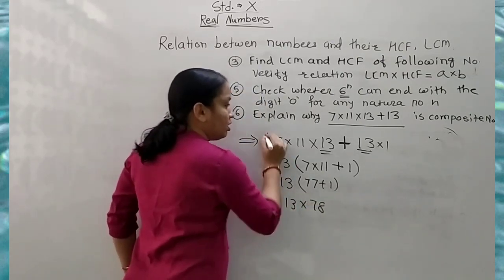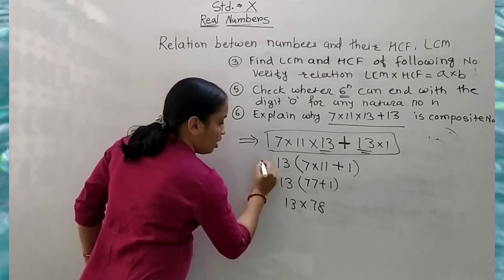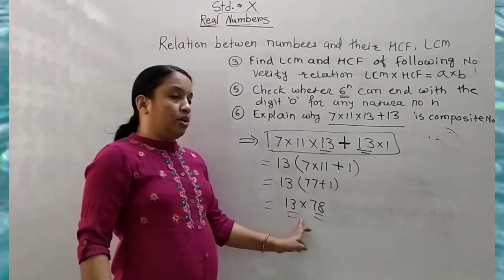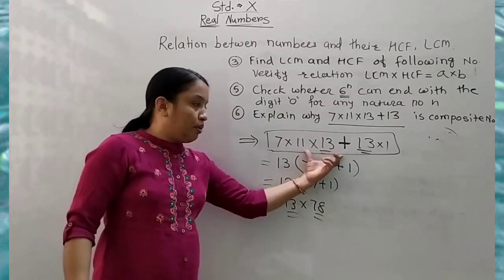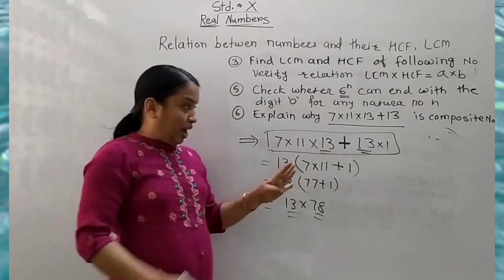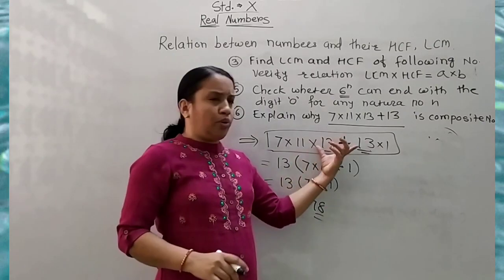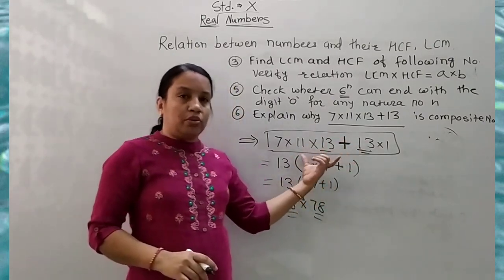Means whatever this number is, okay, it is equal to the product of 2 other numbers, that is 13 into 78. Means this number has more factors here, that is 1, itself, 13, 78 and so on.